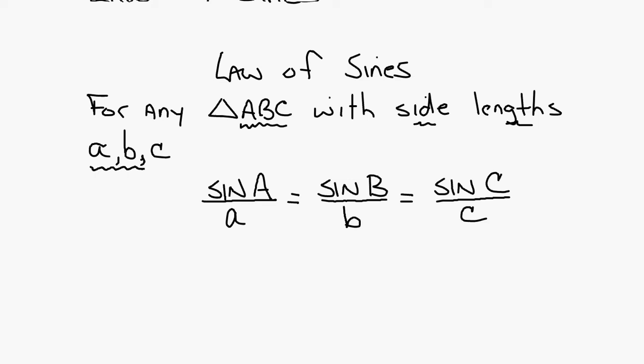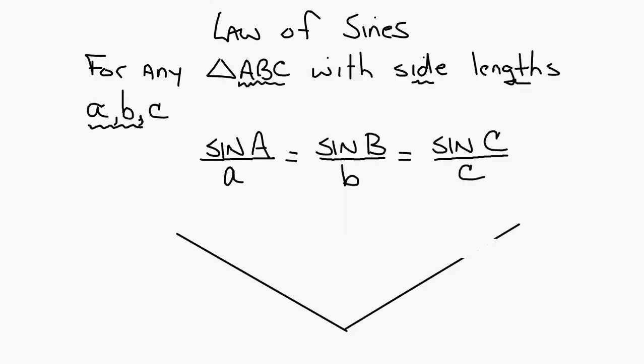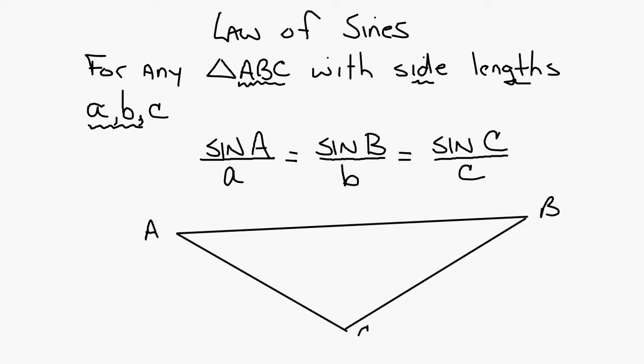So when you're given a triangle, what this means, if the triangle is labeled ABC, then the side opposite angle A is right here, and that side is little letter a.